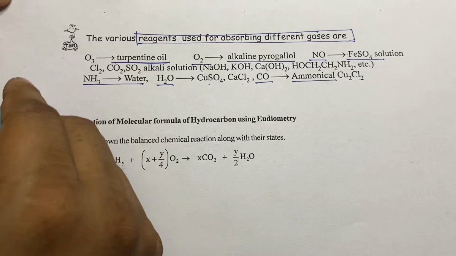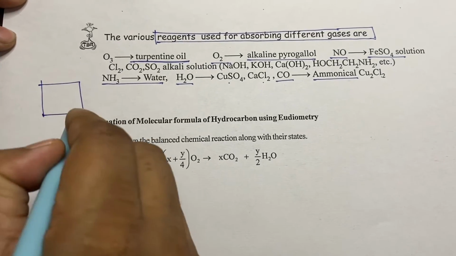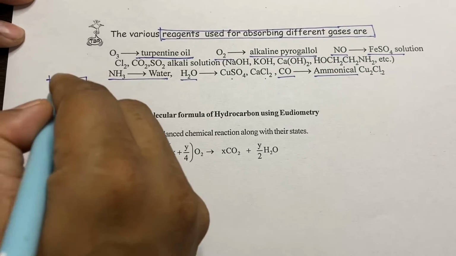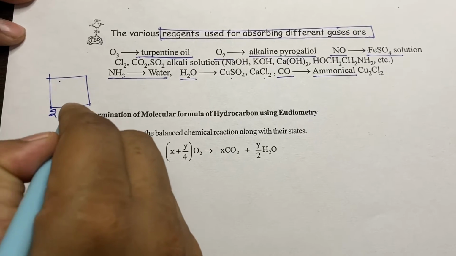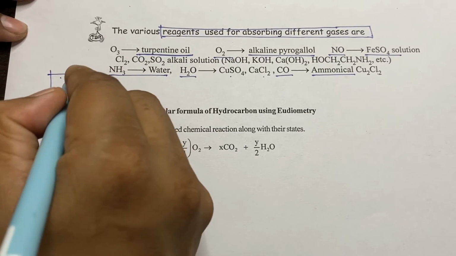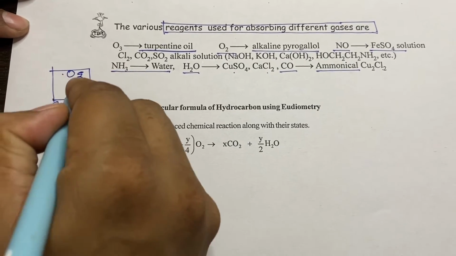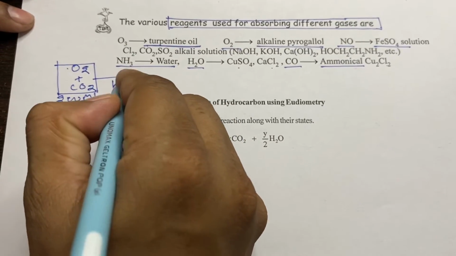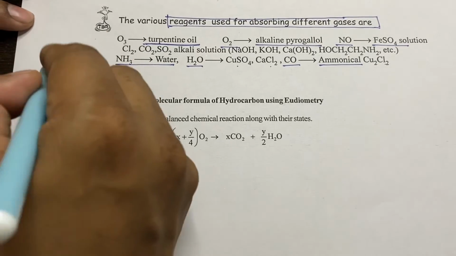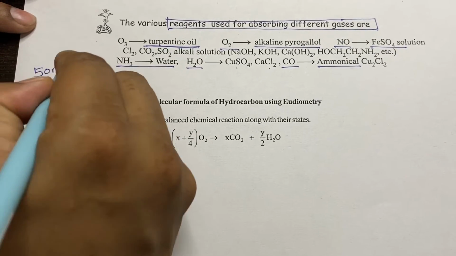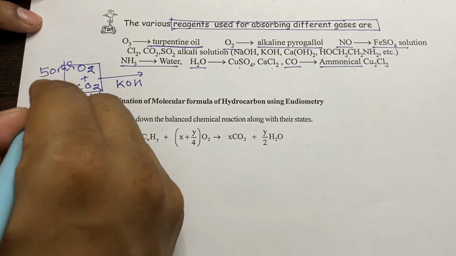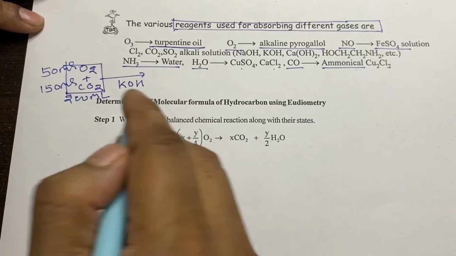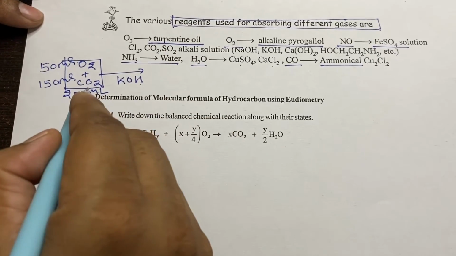As I told you, suppose there is a 200 ml gaseous mixture in which O2 and CO2 are present, and we add KOH to this. 50 ml of oxygen is present in this and 150 ml of CO2 is present in this. So we can say that KOH is the absorbent for CO2.